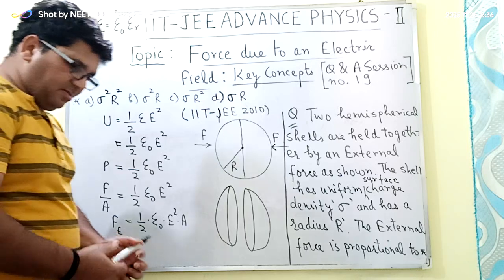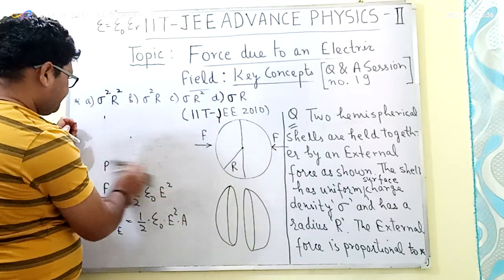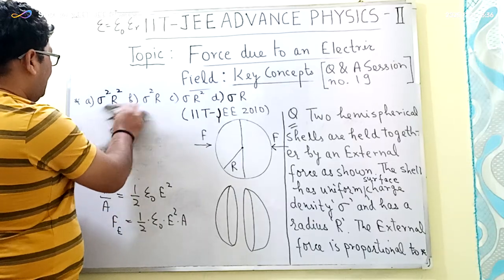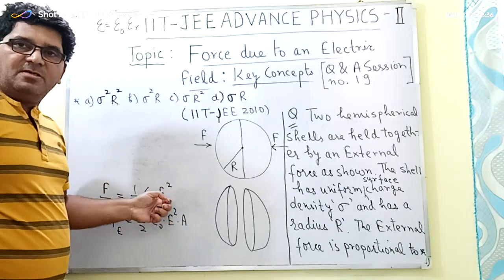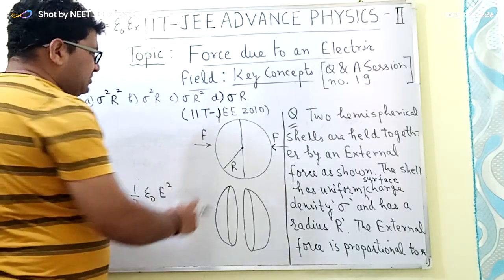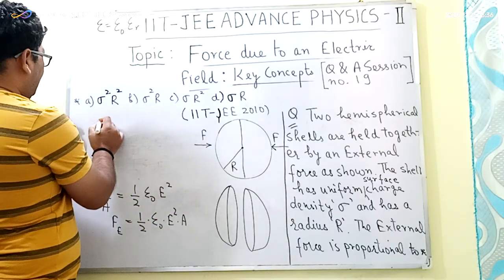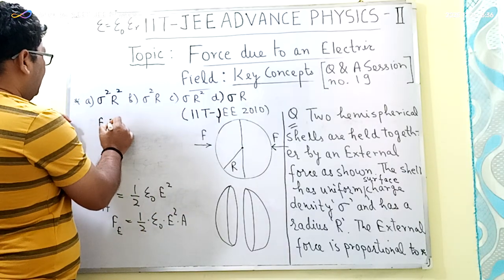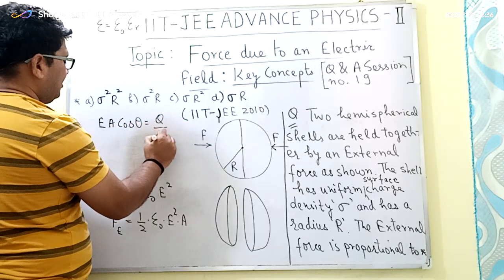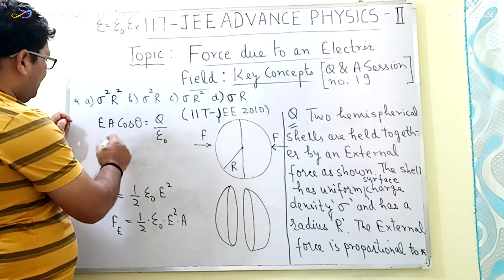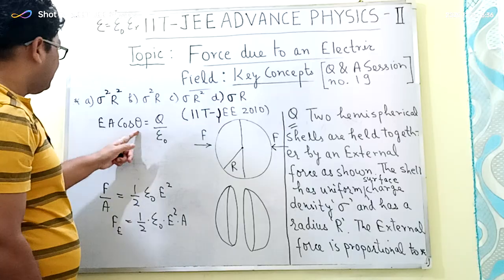Now here we have to find the value of E, that is the intensity of electric field. So we will be using the Gauss law. As per the Gauss law, EA cos theta is equal to Q upon epsilon naught, and here theta is the angle between the direction of the electric field and the normal to the surface. So here theta is equal to 0.